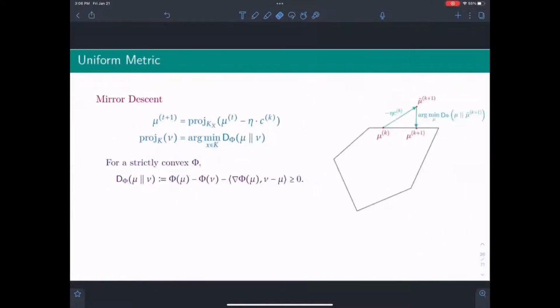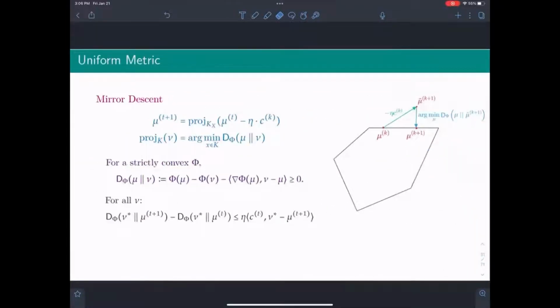This is always a non-negative quantity, and it follows from convexity of phi. And if we do this projection based on the Bregman divergence, then what we have is a mirror descent algorithm.